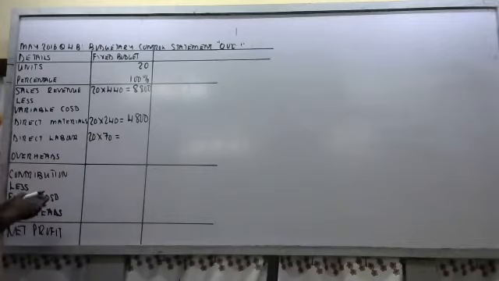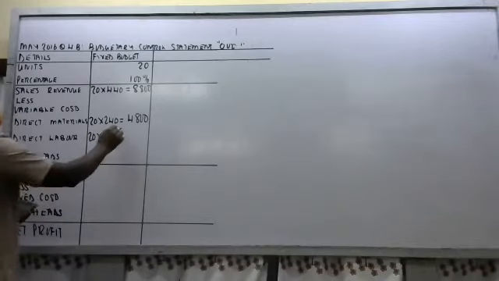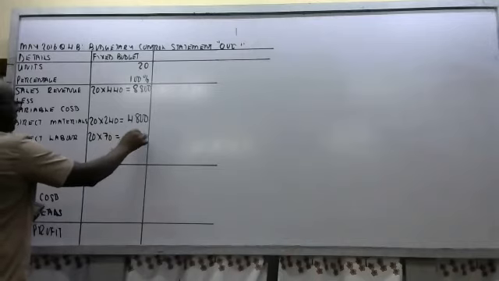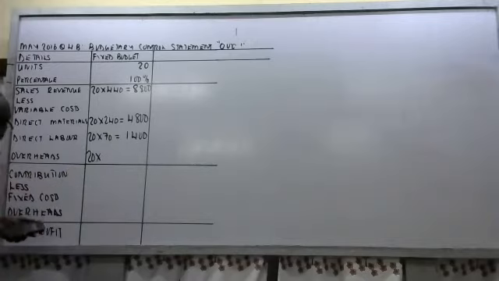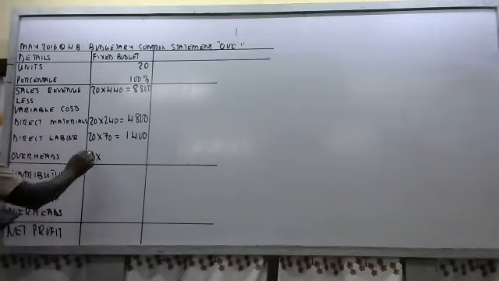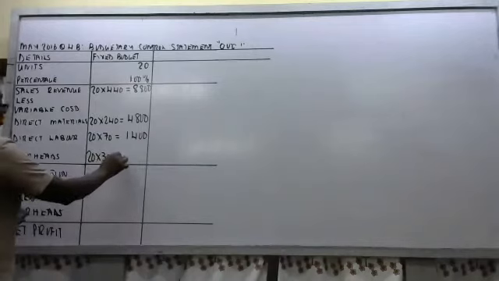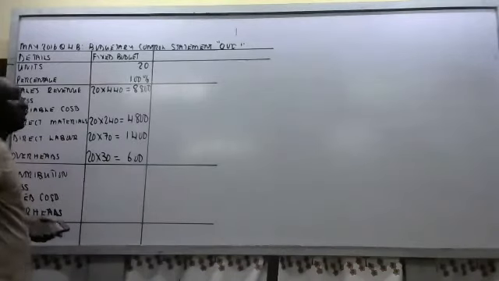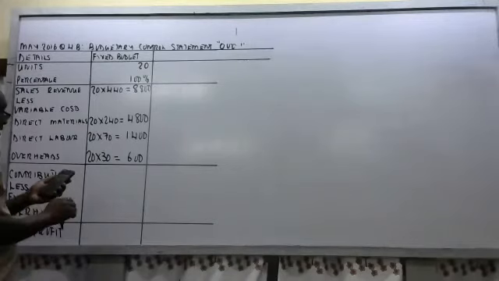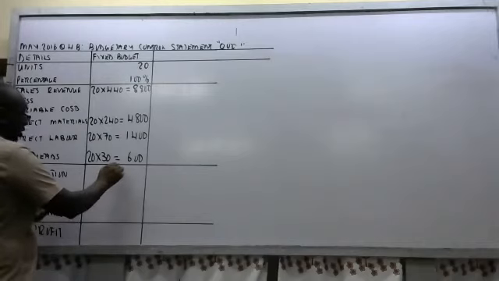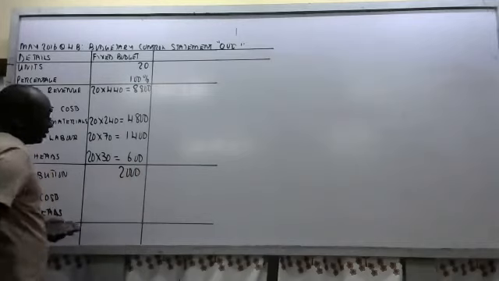So 20 times 70 is 1,400. And 20 times 30 is 600. So if you go back there, say 8,800 minus 4,800 minus 600, you get a contribution of 2,000 shillings.